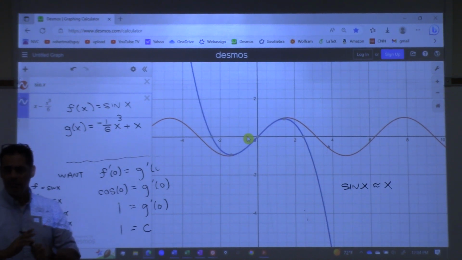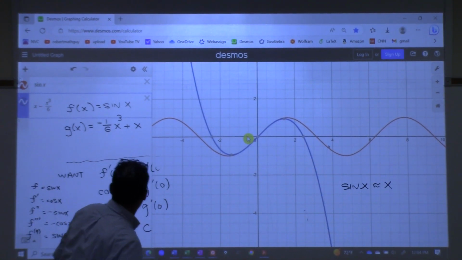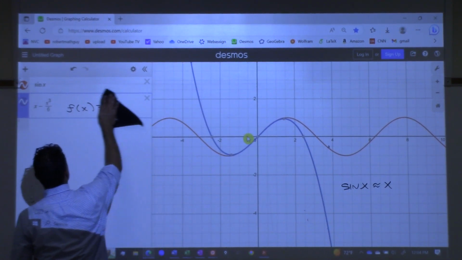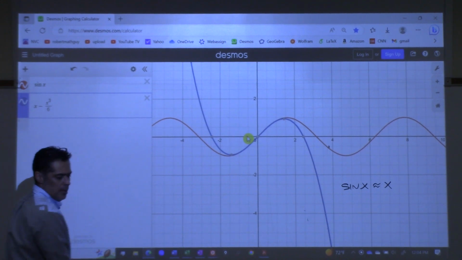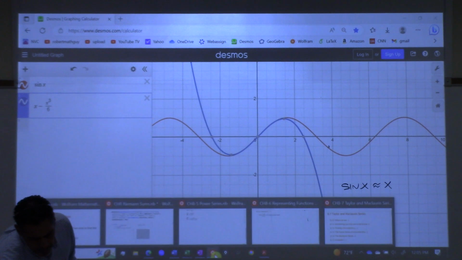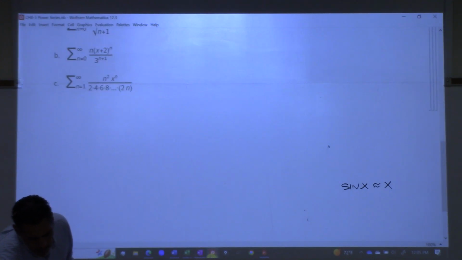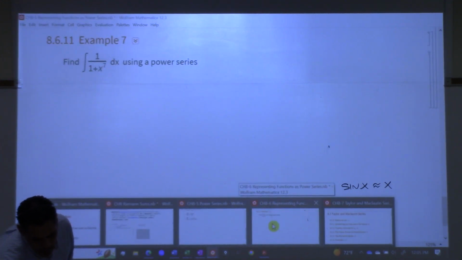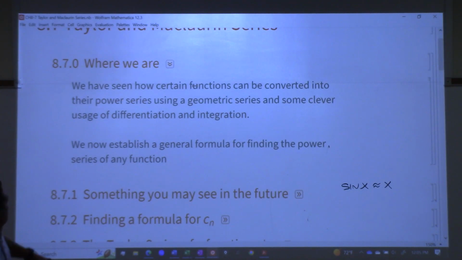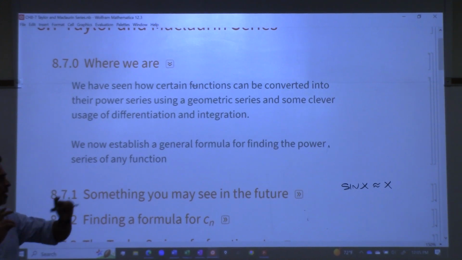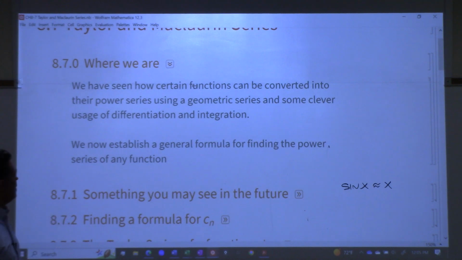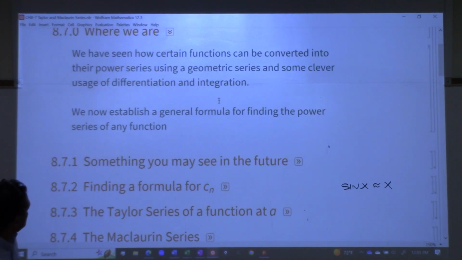So we've seen how we can use that one formula in the previous section, the 1 over 1 minus x thing, but it's very limiting. We're going to try and open up what we can do.